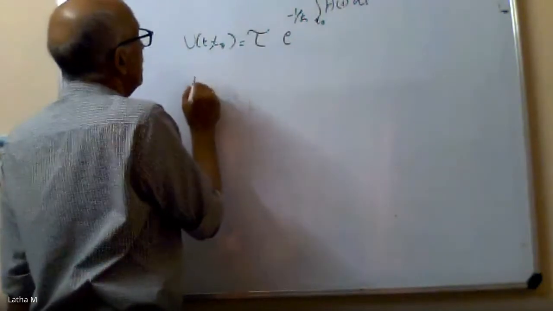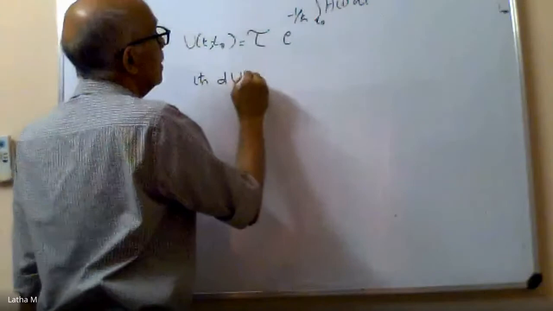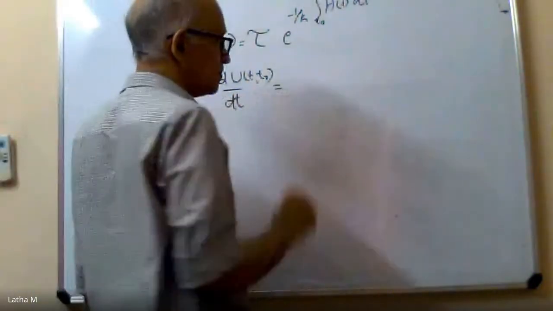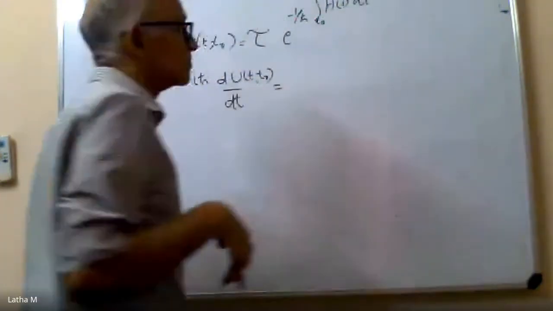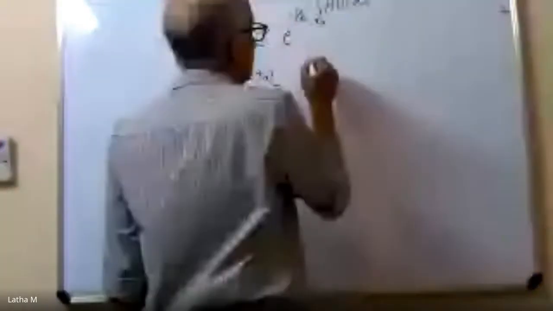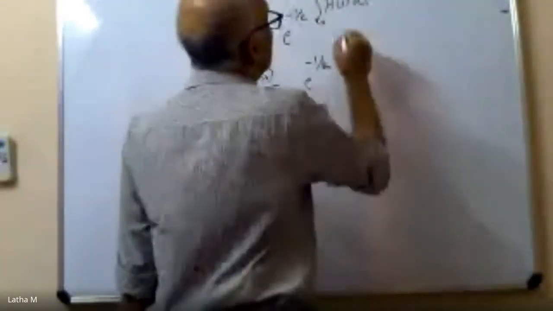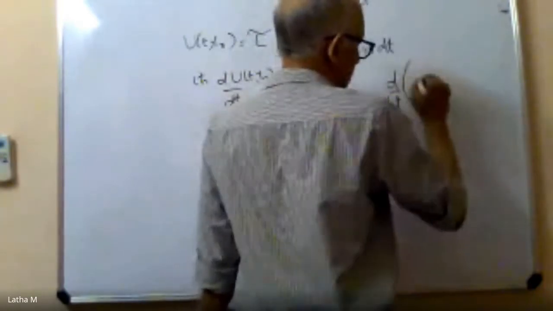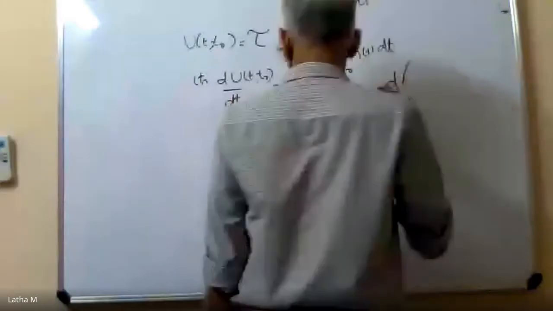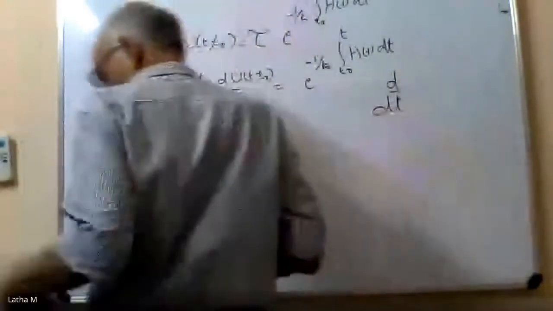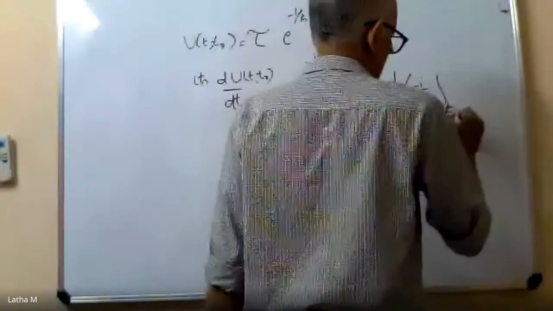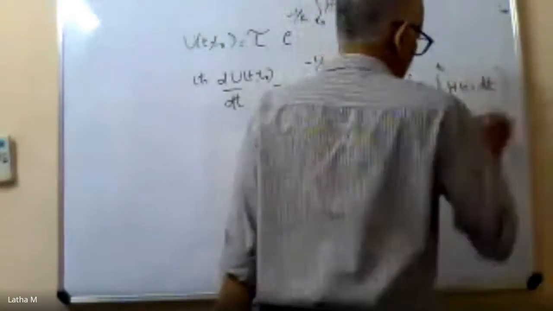For example, if I calculate i h cut d by dt, we get the differential of this exponential, minus i by h cut integral from t0 to t of H(t') dt', times the exponential.